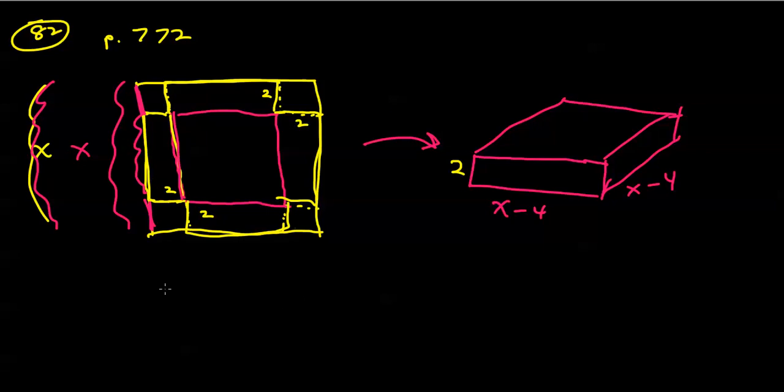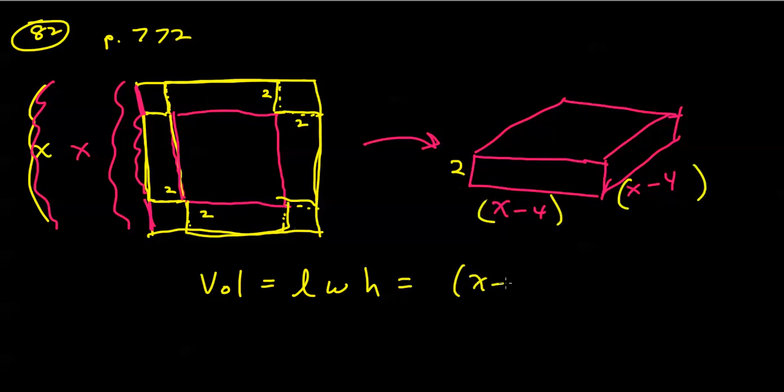Alright, so I can now set up a formula. We know that the volume of a box is always length times width times height, right? Well, the length and the width is X minus 4, and the height, as we know, is going to be 2.